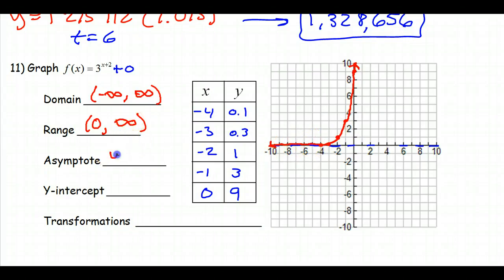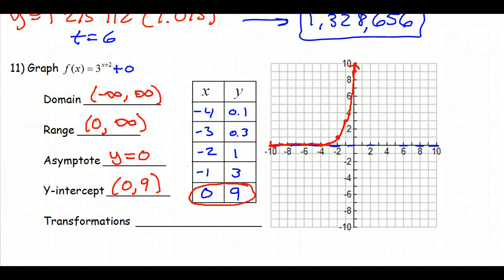The asymptote is the line y equals 0. Don't just put 0, you have to put y equals 0. The y-intercept is always going to be 0 comma something, obviously, because it's on the axis, and there it is. So the y-intercept is 0 comma 9.